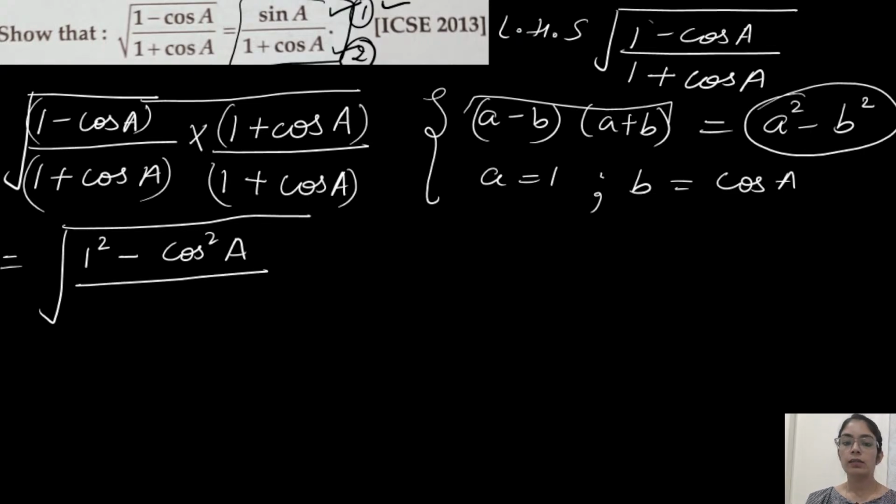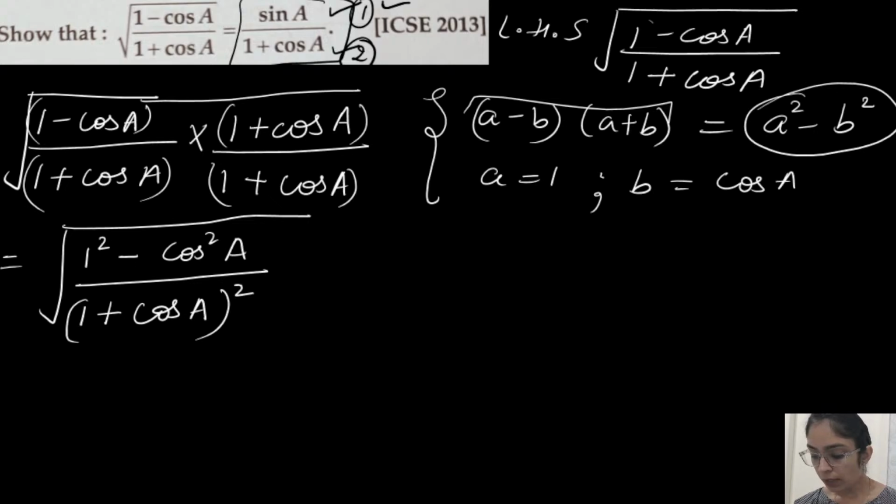Now if you look at the denominator, same term is getting multiplied with itself. So here don't do any multiplication. When we multiply same term with itself, like A into A, it will become A square. So we will write it in square form. So this will become 1 plus cos A whole square.